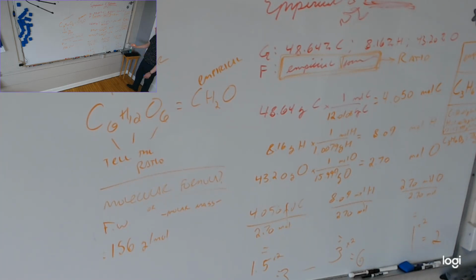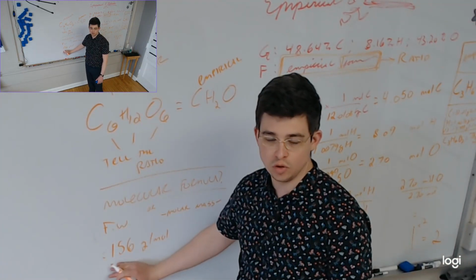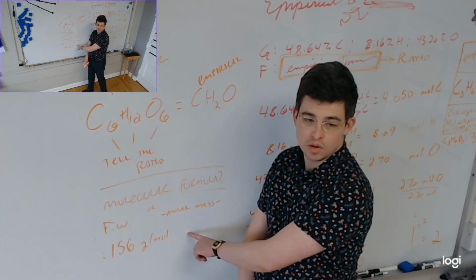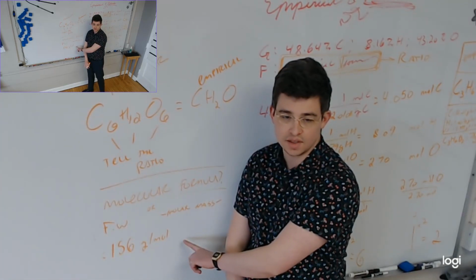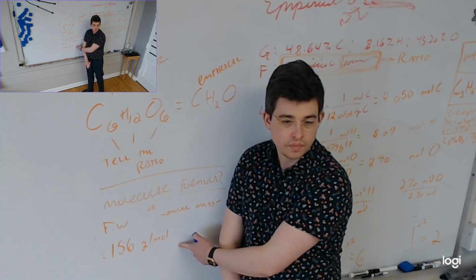So if we find the empirical molar mass is 78 grams per mole, and they tell us the actual molar mass is 156 grams per mole, which, by the way, a mass spectrometer that you use as a forensic investigator or a medical technician will also tell you the molar mass.